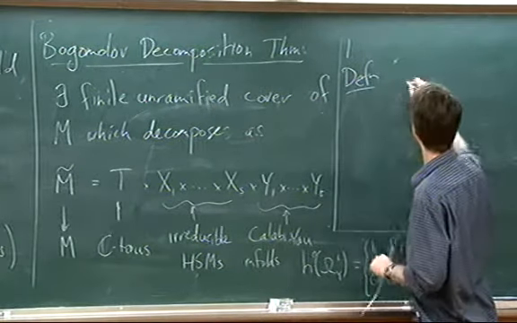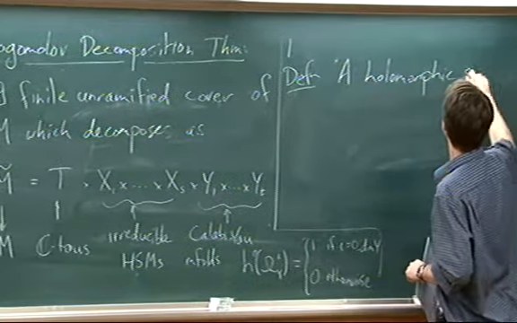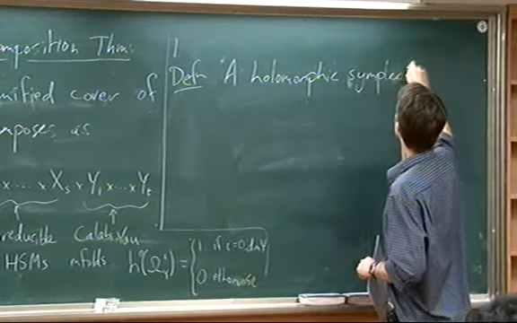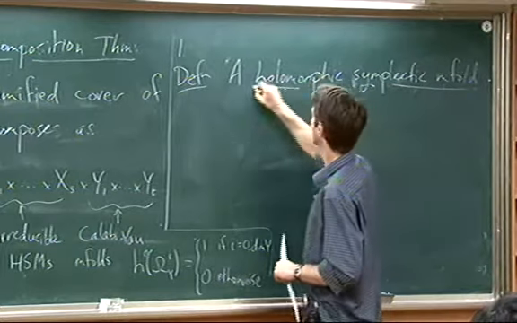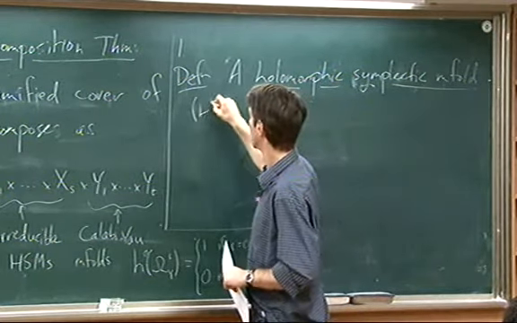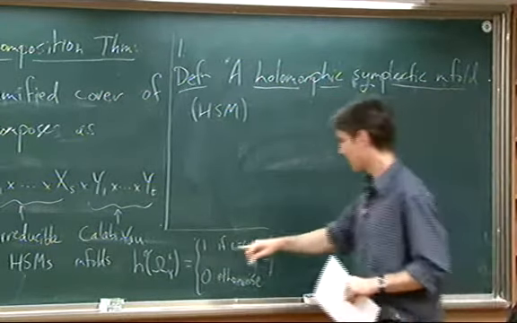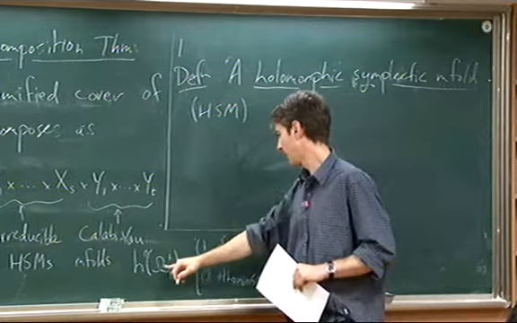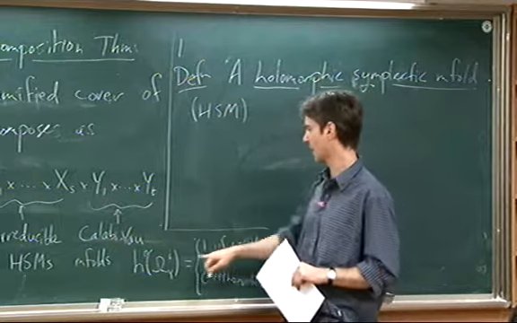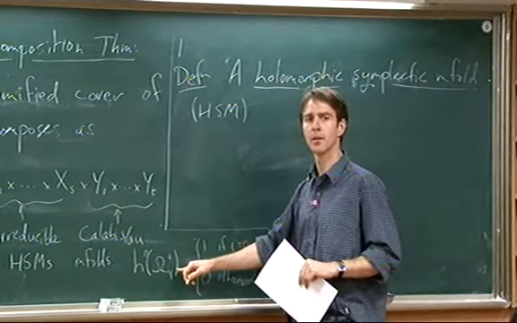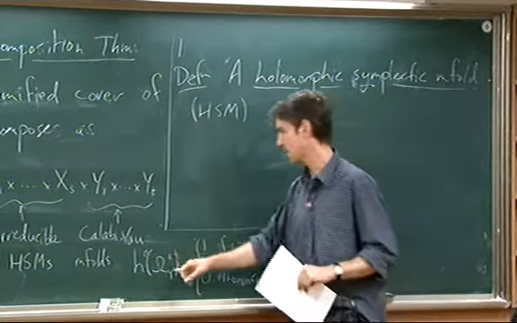Because if this is 1 when you have dimension Y, you have a trivialization of the top exterior power. So you have a trivialization of the canonical bundle.